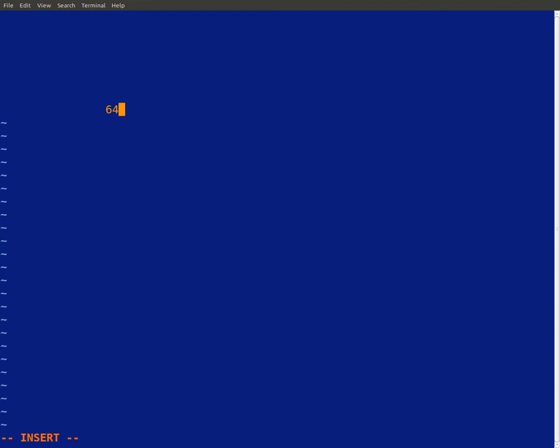64-bit processors are different than 32-bit, okay? They are different. They're not drastically different, but they are different. But also, they are backwards compatible.